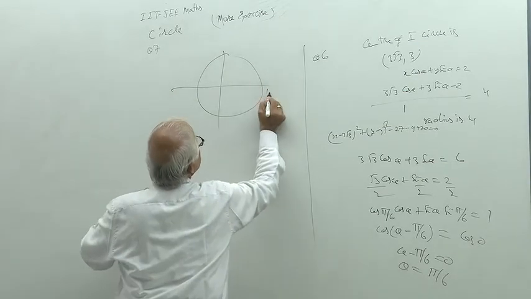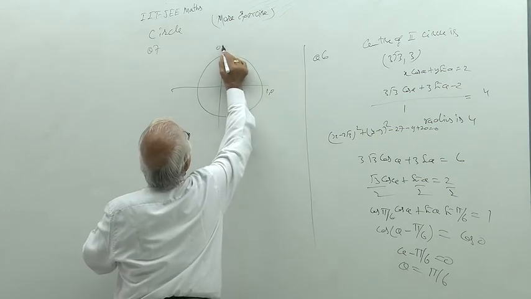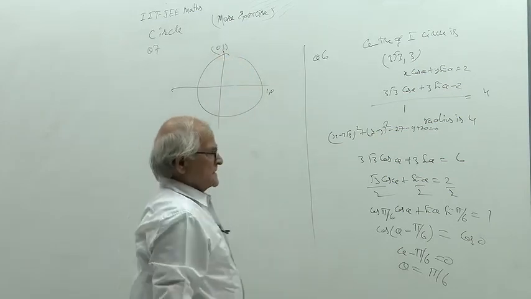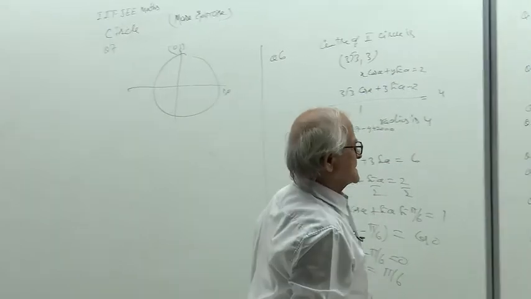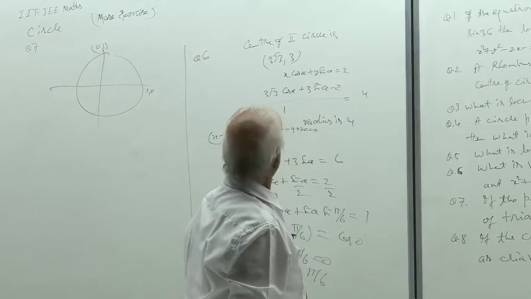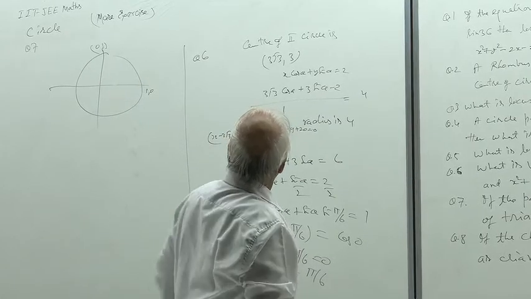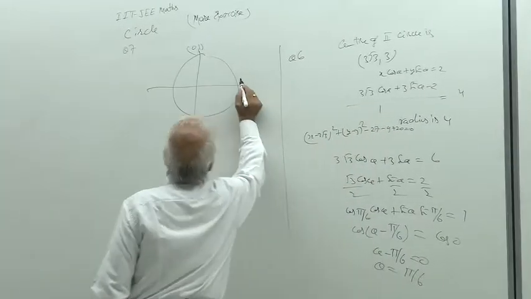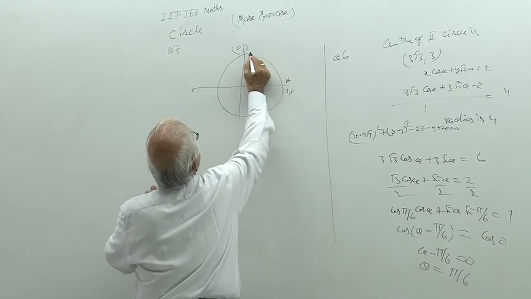Therefore, this is 1, 0 and this is 0, 1. What is the circle? This is the circle x square plus y square is equal to 1. Therefore, they will meet at A (1, 0) and at B (0, 1).